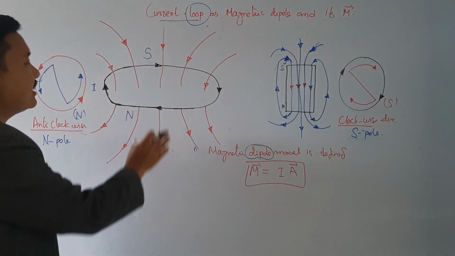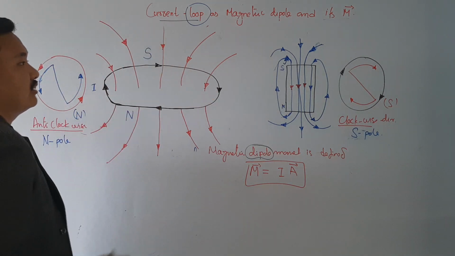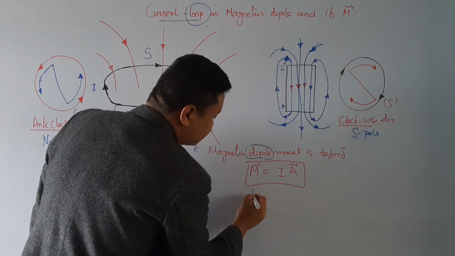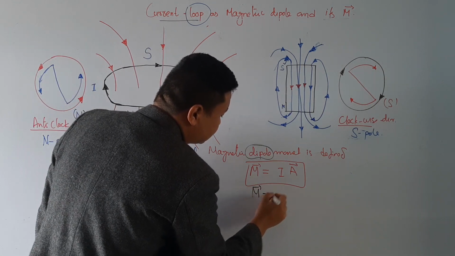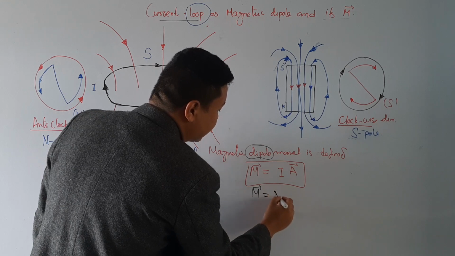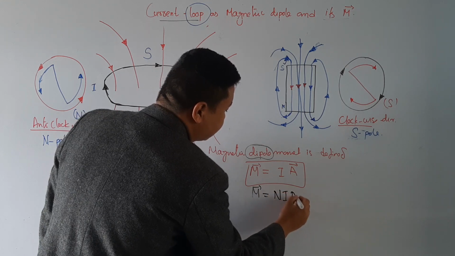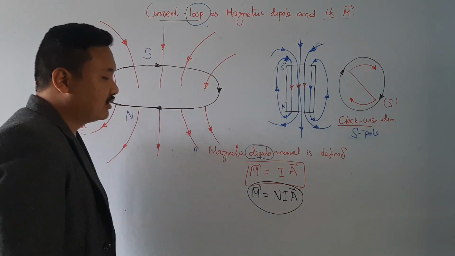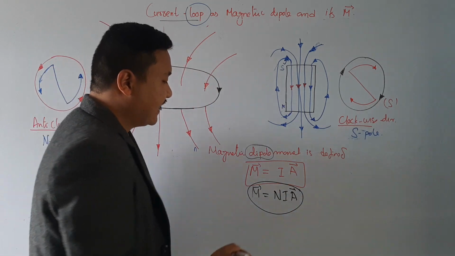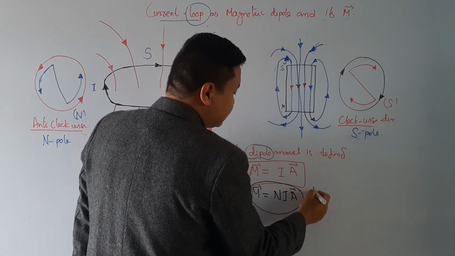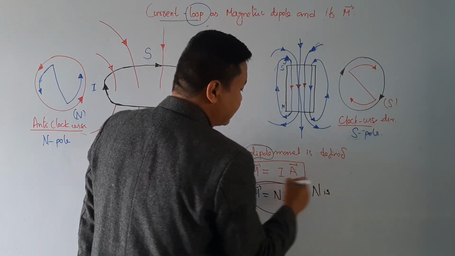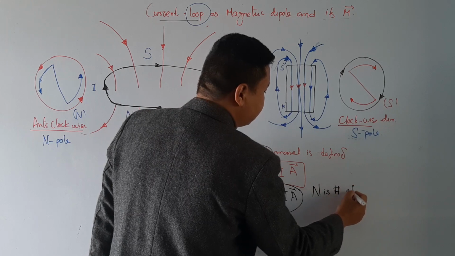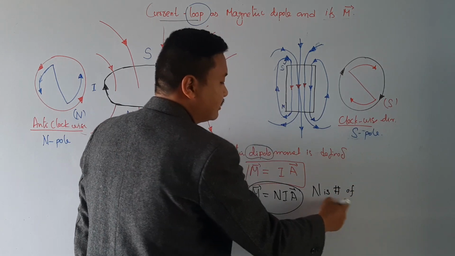Now if there are N number of strands of coil, then this m will be equal to how much? For N number of strands, this will be N I A vector. So dipole moment of a coil is NIA, where N is the number of turns.